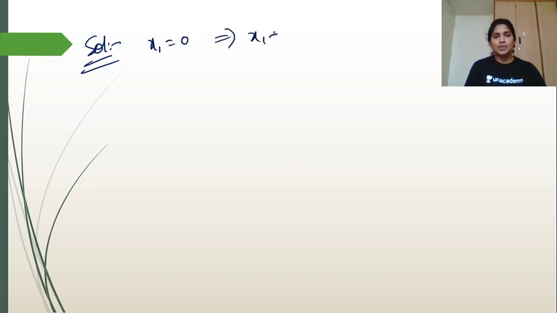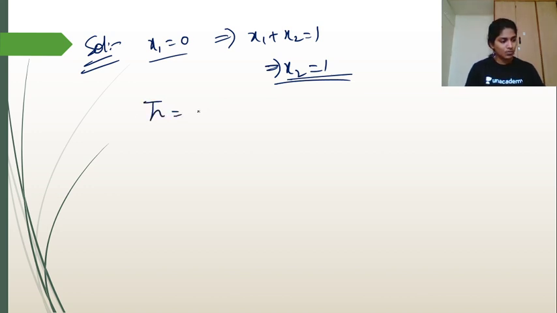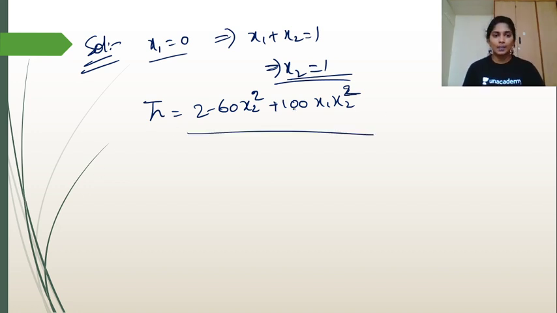That implies x1 plus x2 is equal to 1, so from this we get x2 equal to 1, right? So we have the x1 and x2 values, and h bar is given as 2 minus 60 x2 square plus 100 x1 x2 square. So this is the partial molar enthalpy.